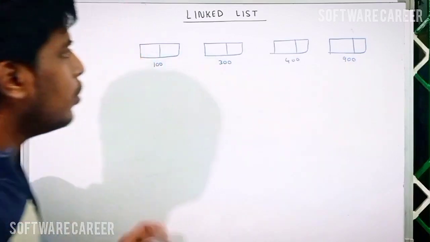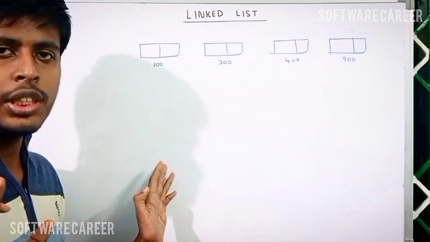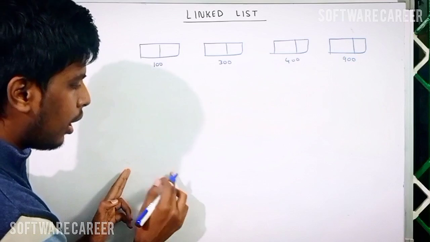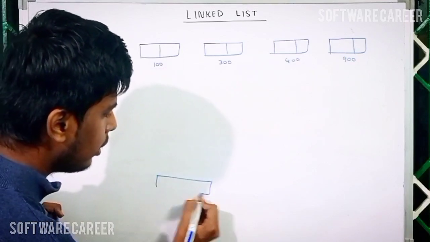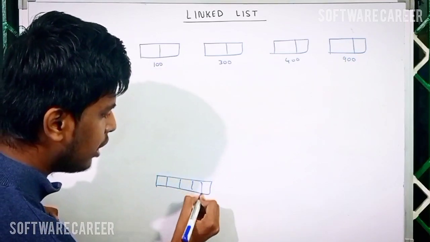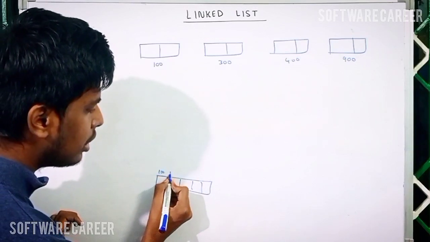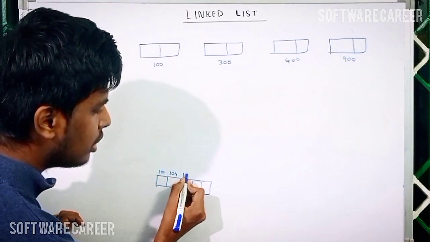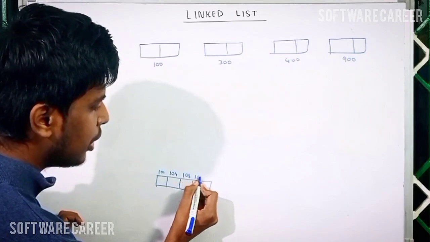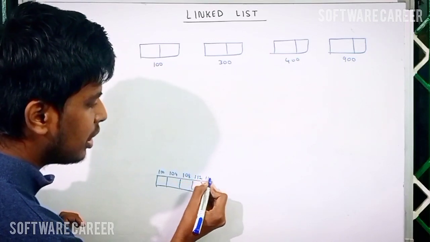Now in an array, suppose array C of size 5, if the address is 100, then this address will be 104, this address will be 108, this will be 112, this will be 116.